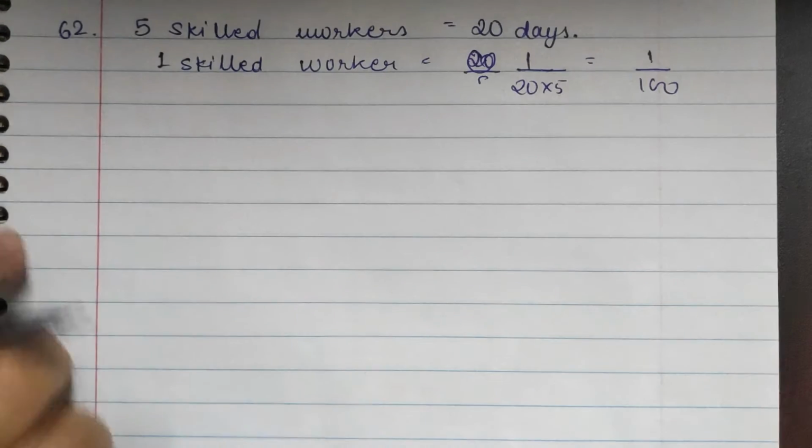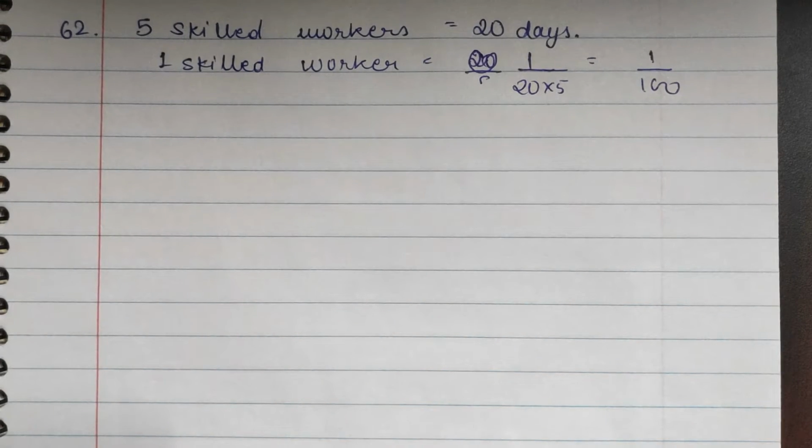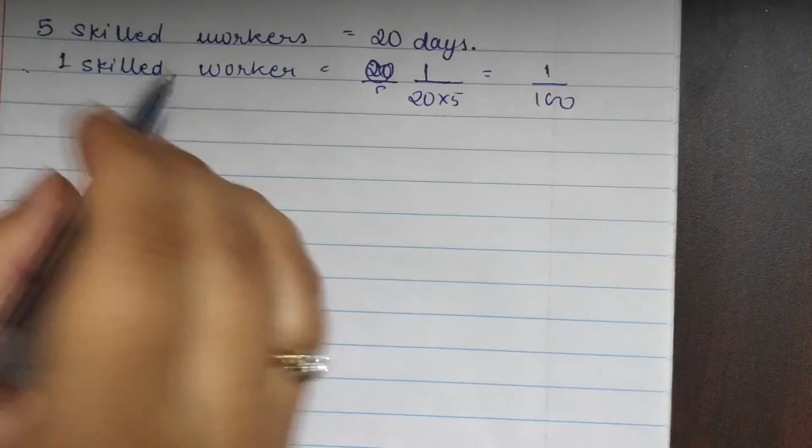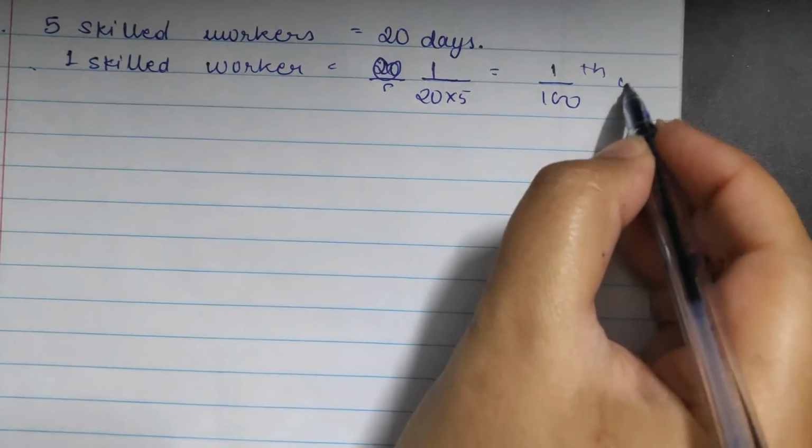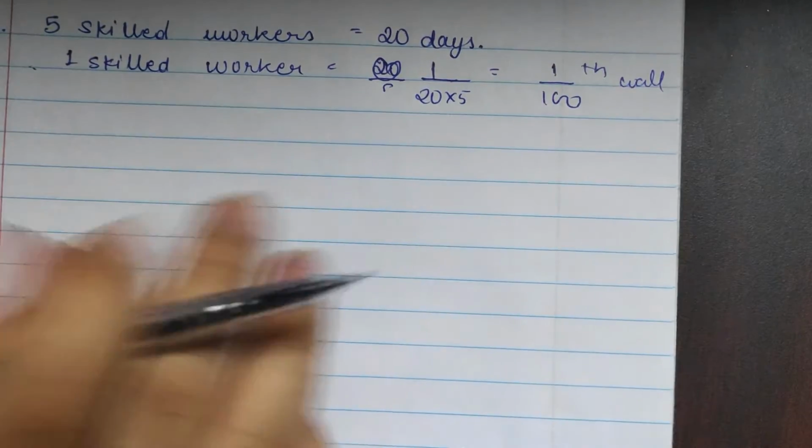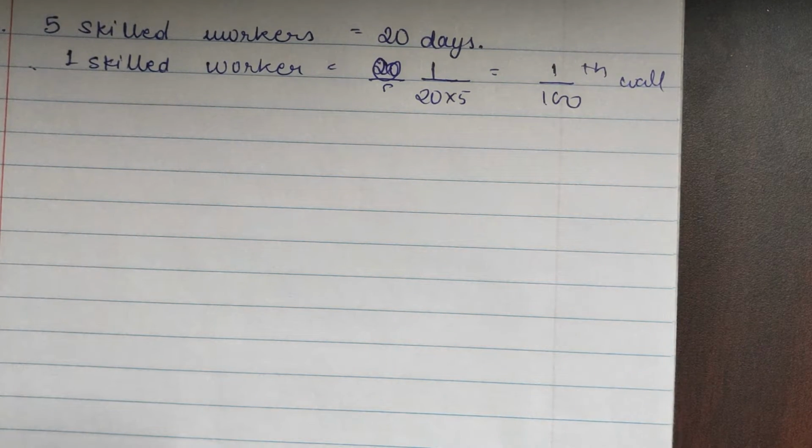You can also understand it like this: 5 skilled workers, if they build a wall in 20 days, then one skilled worker will build 1 by 100 of the wall in 1 day. Now basically the question has been asked that you have a certain number of skilled, unskilled and semi-skilled workers, and if a particular number of these people come together, how long will it take to build the wall?